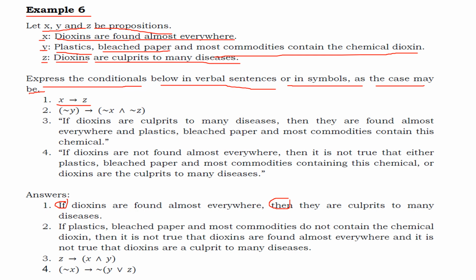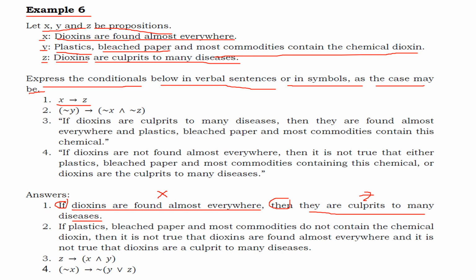So we just simply copy "dioxins are found almost everywhere." That will be your proposition X. Then your if-then will represent your conditional. "They are culprits to many diseases." This will be your Z, as you can see. We simply copy the original propositions X and Z, then we apply the if-then. We replace some parts to follow good and appropriate grammar.